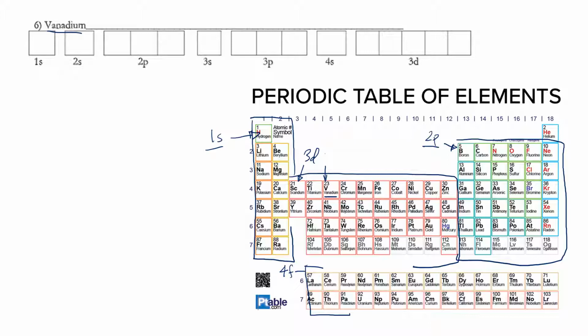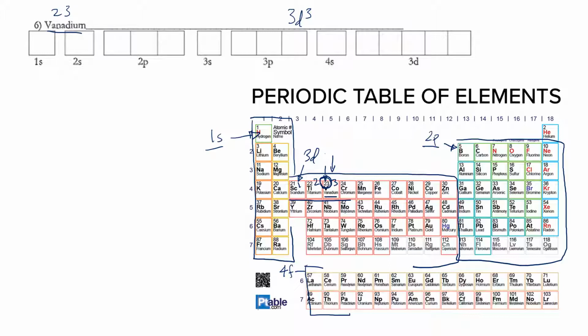Makes sense? So here, there's a little trick that you can do. Now that we know that this row is basically 3d, vanadium is the third one in. 1, 2, 3. So we know it's going to end in 3d3. But let's fill in our arrows and see if that's true. It's got an atomic number of 23. I'm just going to write 23.